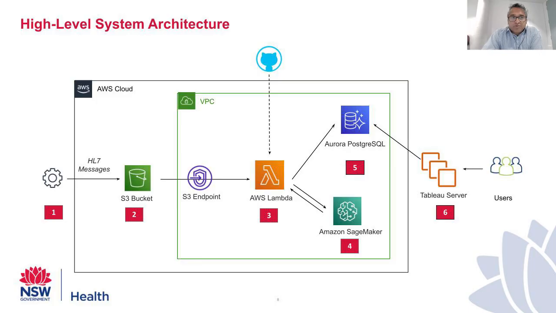This is a high-level system architecture diagram of how we extracted live data from the EMR, and these data are fed to cloud-based architecture where the data models and the prediction models are run on every single patient based on the information available at triage, and that then develops a risk score.